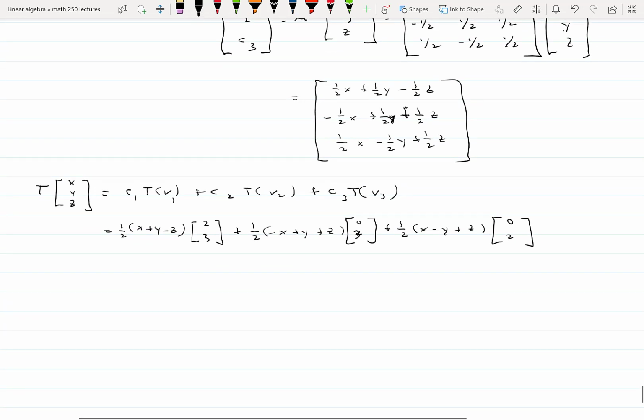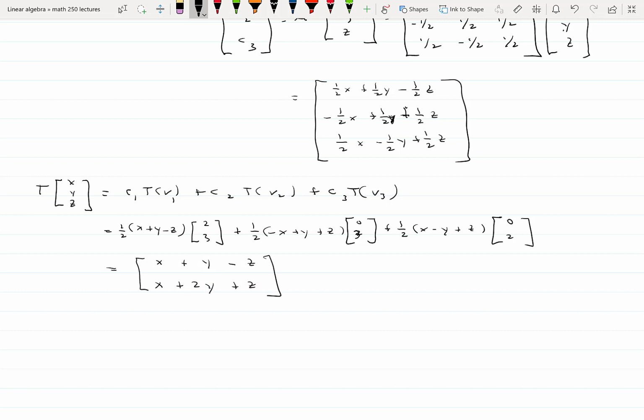If you perform this matrix arithmetic, you end up with x plus y minus z, x plus 2y plus z.